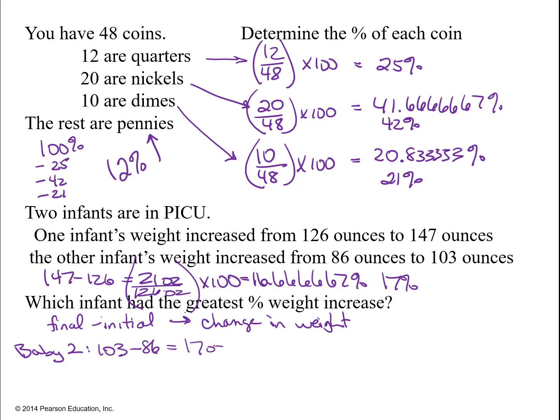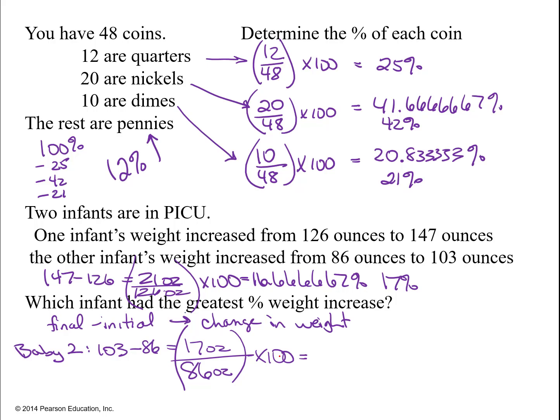Only 17 ounces. But how is this different? When I divide it, what do I divide by? The 86, because that's where their starting point was. So now I get a decimal, multiply it times 100.